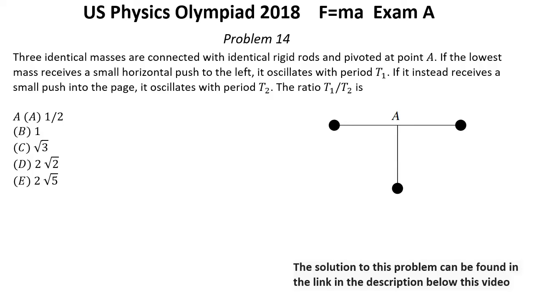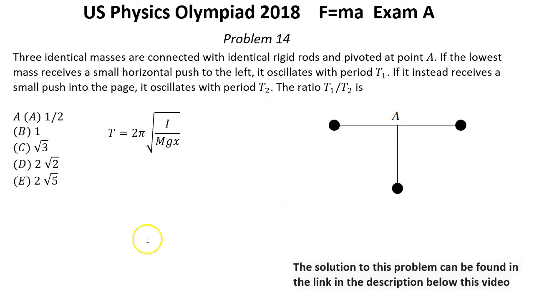Solution for problem number 14. In both cases we can write an expression for the period using the formula for a physical pendulum. This formula is 2 pi multiplied by the square root of I over Mgx, where I is the moment of inertia, big M is the total mass, and x is the distance from the point of rotation A to the center of mass.